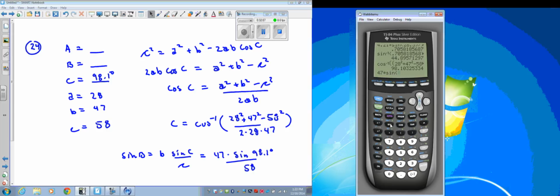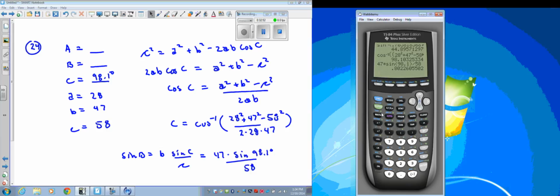Sine. Now, I don't have to worry about brackets because I'm multiplying. See, before I had to worry about brackets because I was adding in that numerator. So then you have to bracket it. Otherwise it's a garbage in, garbage out situation, right? Divided by 58. Now then, that qualifies because it's a number between 0 and 1.